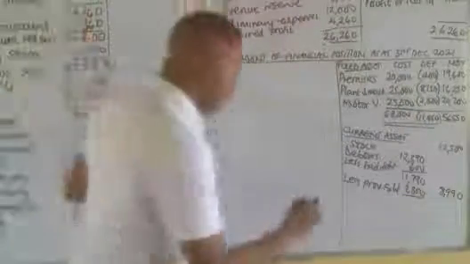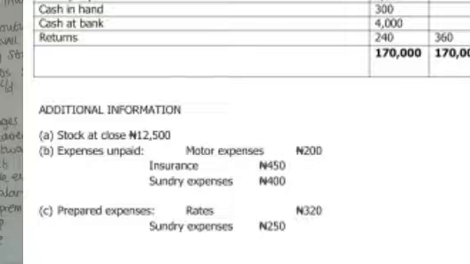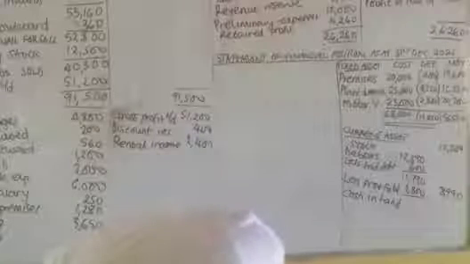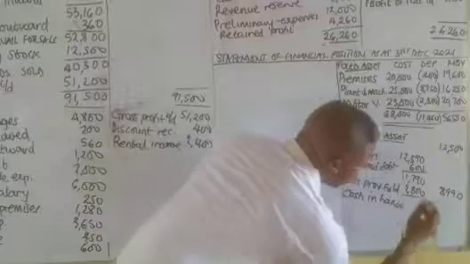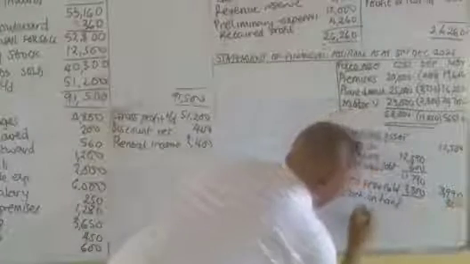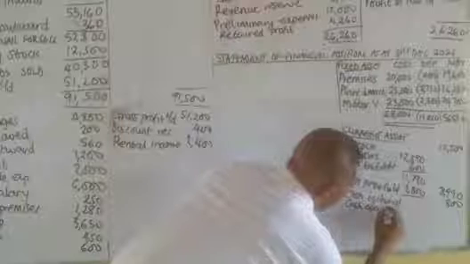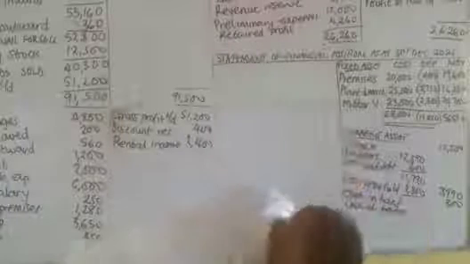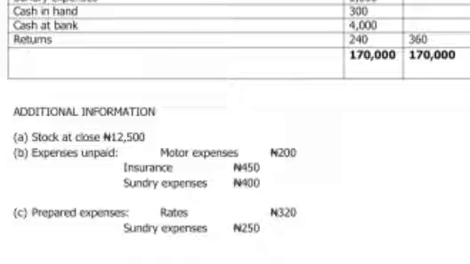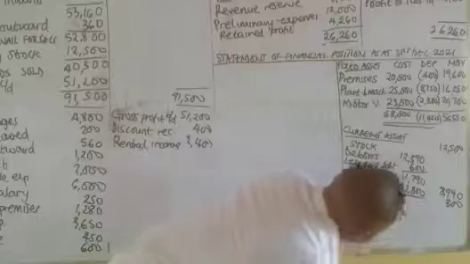Another item that will come here is our cash in hand. In the trial balance, the cash in hand is 300. Another item that will come here is cash at bank. The cash at bank is 4,000.